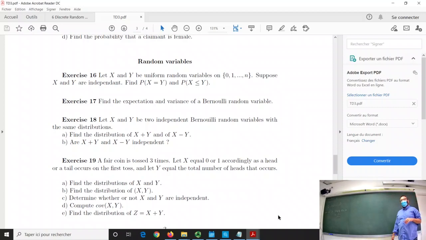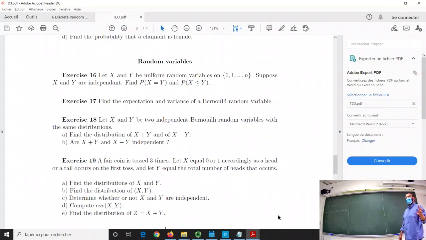And I am interested in the computation of two probabilities. First, the probability that X is equal to Y. Before being able to compute the probability of this set, we have to understand a little bit what this set is. Do you have an idea what to do? We have several possibilities.